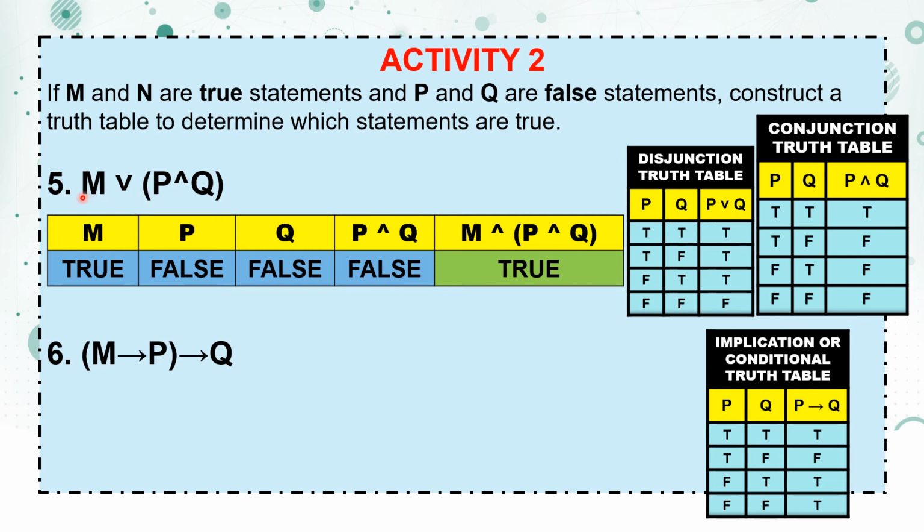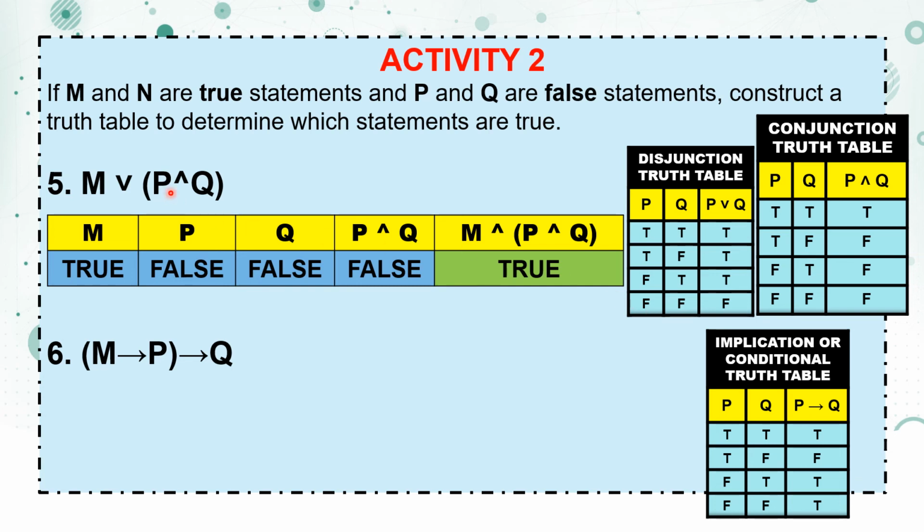Now, let's get the whole, M or (P and Q). Our M is true, and this symbol is for disjunction, so we get the truth value from the disjunction truth table.